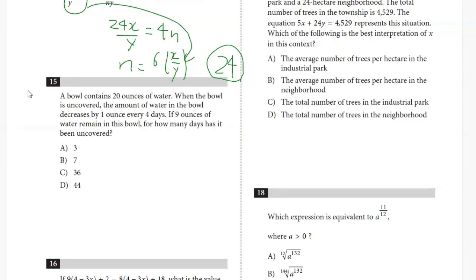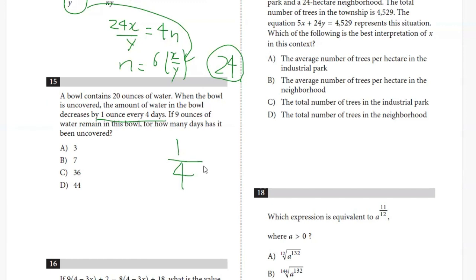Okay. 15. A bowl contains 20 ounces of water. When the bowl is uncovered, the amount of water in the bowl decreases by 1 ounce every 4 days. If 9 ounces of water remain in this bowl, for how many days has it been uncovered? Okay, since it decreases 1 ounce every 4 days, the 4 needs to be in the denominator.